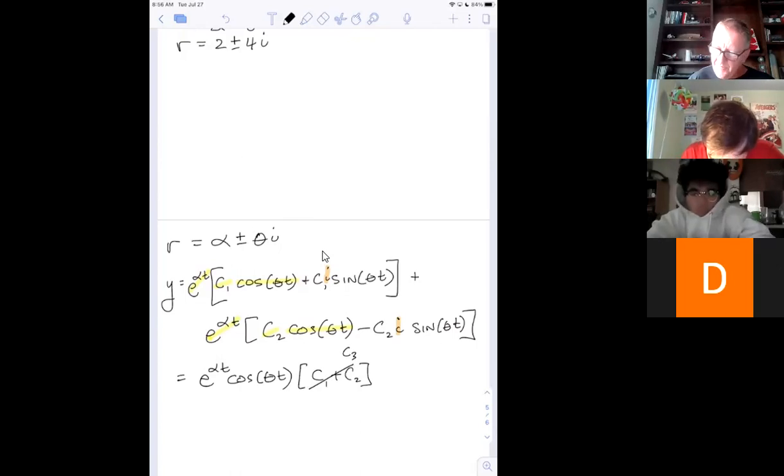And if I do the same thing with the sine values, isn't that exactly the same? They have an e to the alpha t, they also have sine, except of theta t in our case. But then don't they also have an I?